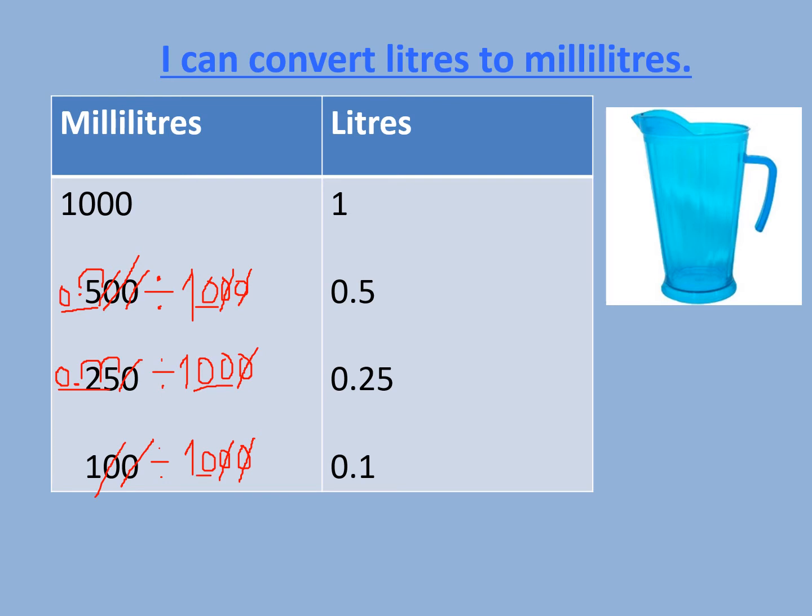How many zeros do we have left in 1000? 1 0. So we move our decimal point to the left 1 time because we have just 1 0 left in 1000. We put our full stop and a point, and we write a 0 behind the point, and that is going to give us 0.1 liter. Is that clear?